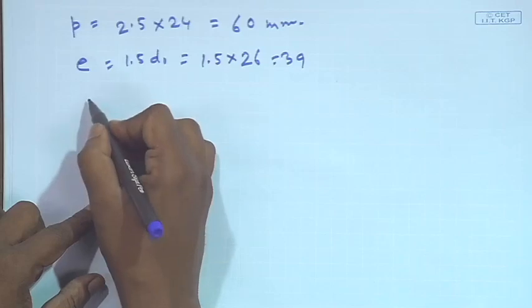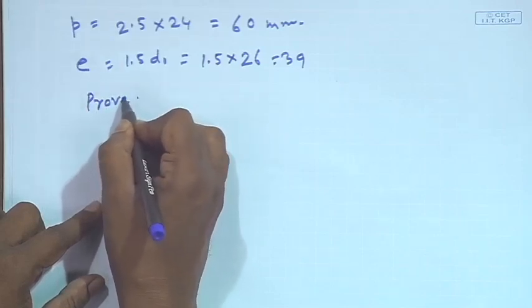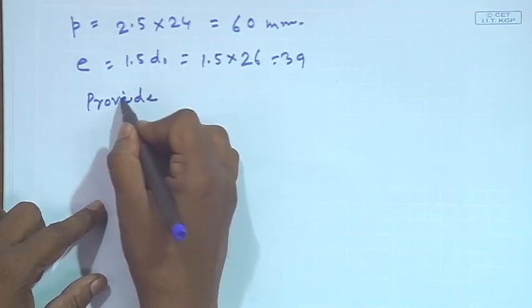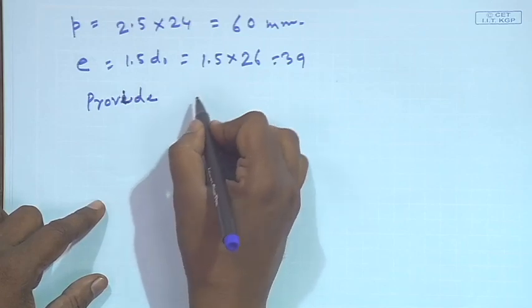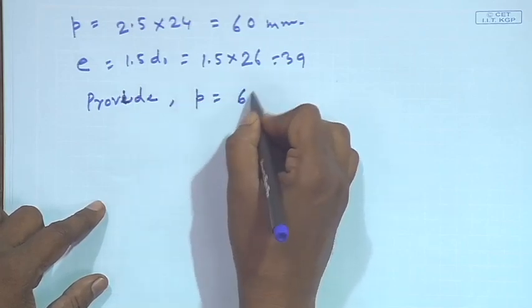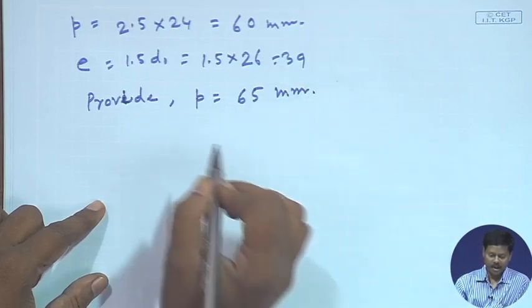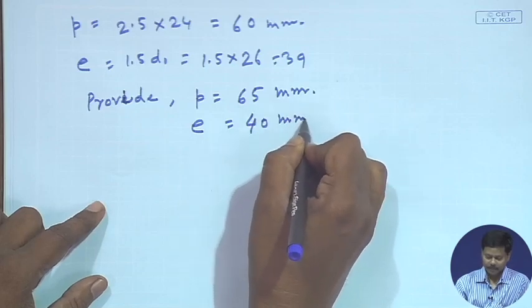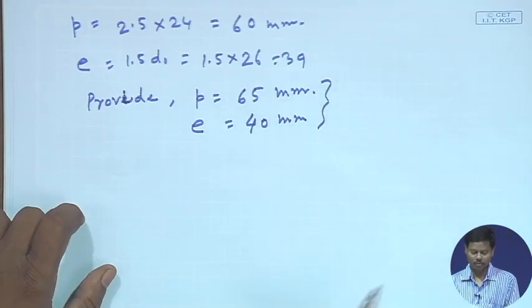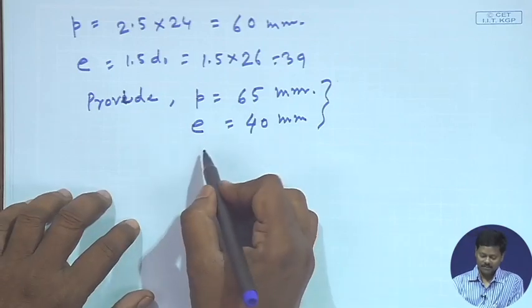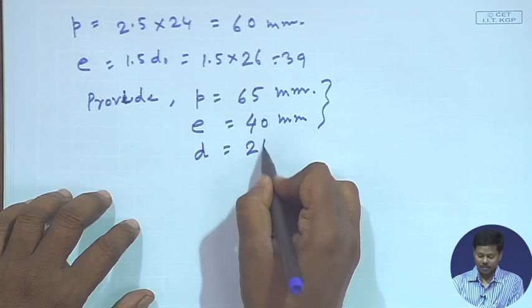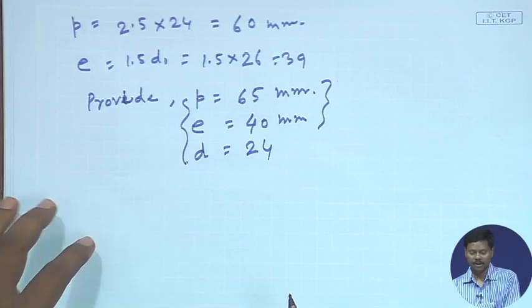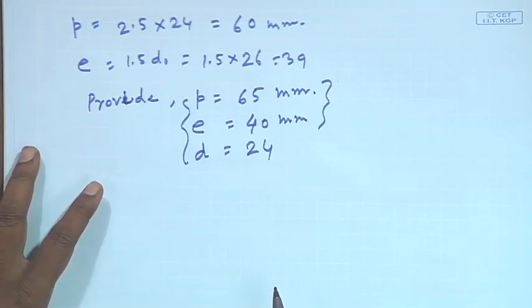From this minimum pitch and edge distance criteria, we can provide pitch distance in place of 60, say let us make 65 mm, and edge distance in place of minimum 39, we can make 40 mm, right. That means the assumption is that we have provided D as 24, and because of this D, pitch and edge distance we are calculating and providing as 65 and 40, right.